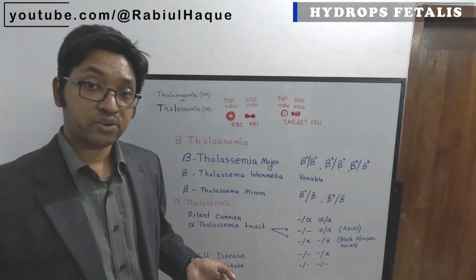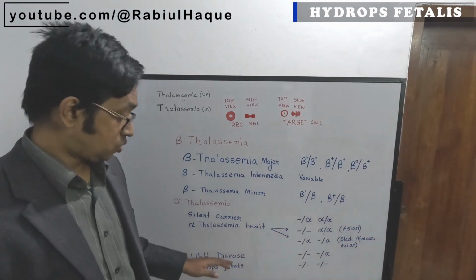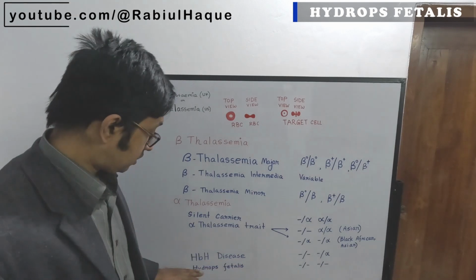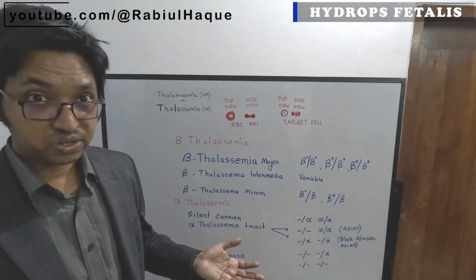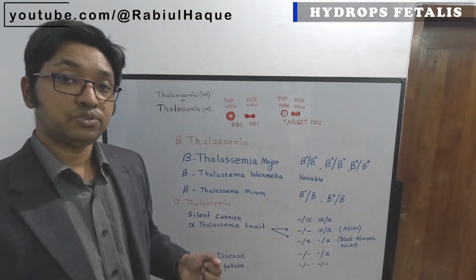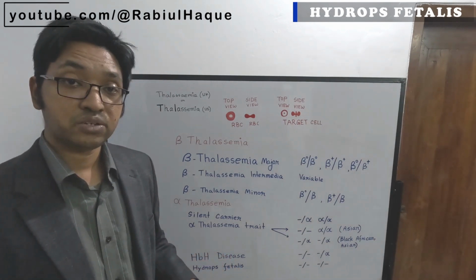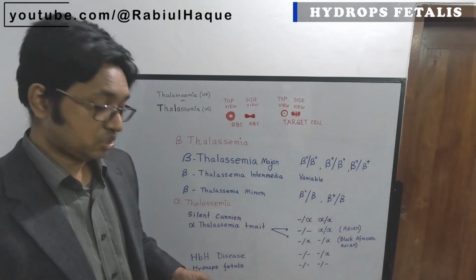Nowadays intrauterine blood transfusion is possible, so many of these fetuses do survive; however, they will suffer from severe anemia and will require lifelong blood transfusion. And hematopoietic stem cell transplant is now a curative option.